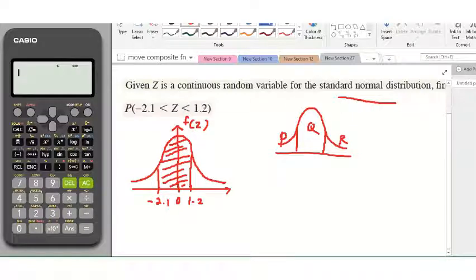So right here, the shaded region we can call region Q. Region Q can be used in the scientific calculator by using statistic distribution for normal. So we start now.